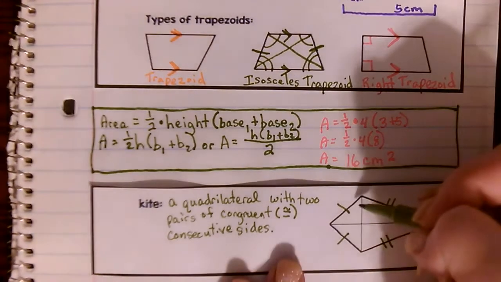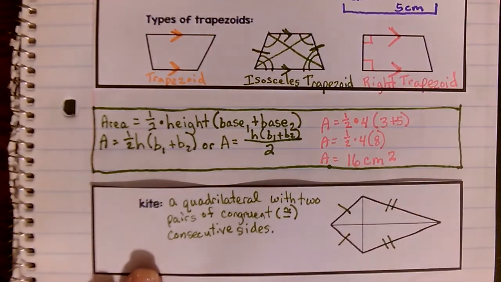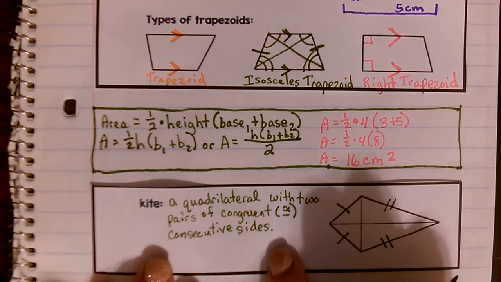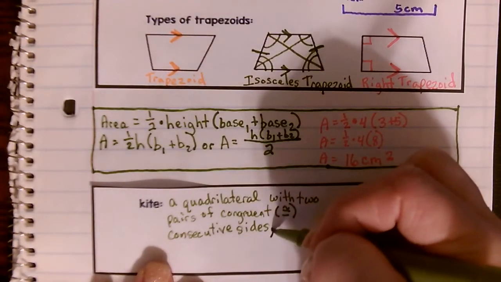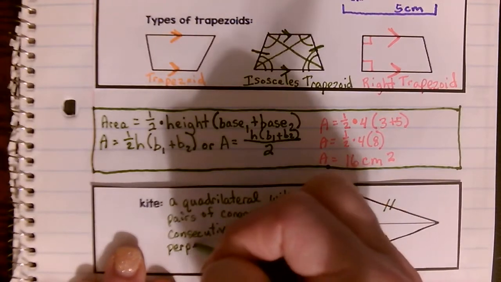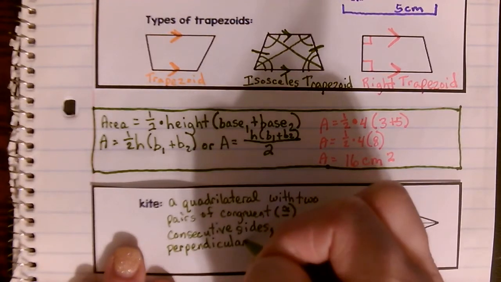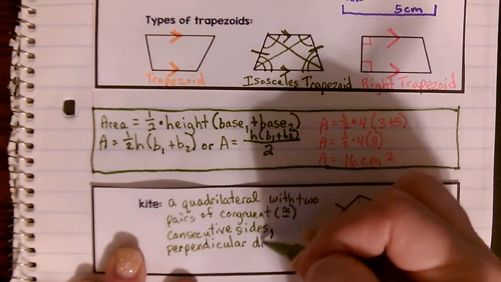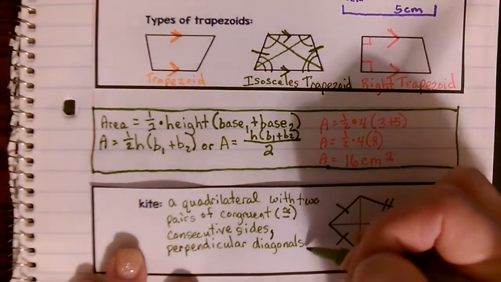Okay? Now when we do this, let's continue. It has perpendicular diagonals. I'll put comma then now because we're continuing. Perpendicular diagonals. We'll look at what that means. Diagonals, comma.